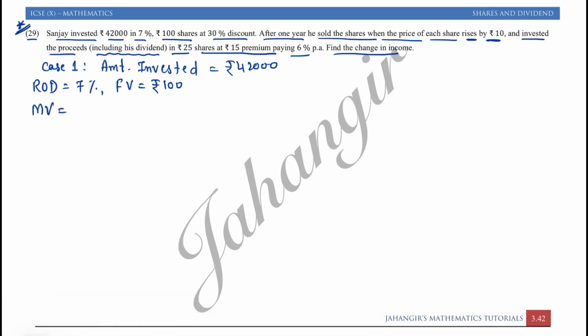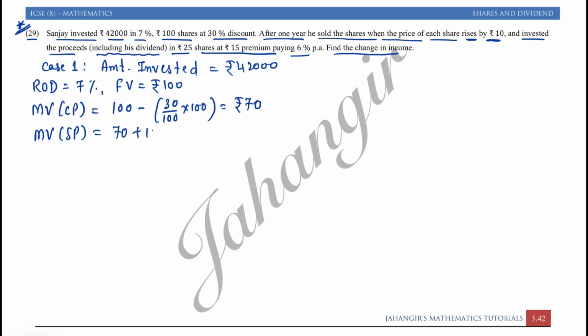MV at the time of buying is 100 minus 30% of 100, that is equal to rupees 70. Now after 1 year he sold these shares when the price of each share rises by rupees 10. So MV while selling rises by rupees 10. At the time of buying it was 70 and this market value increases by rupees 10. So it becomes 70 plus 10, it becomes 80 while selling.